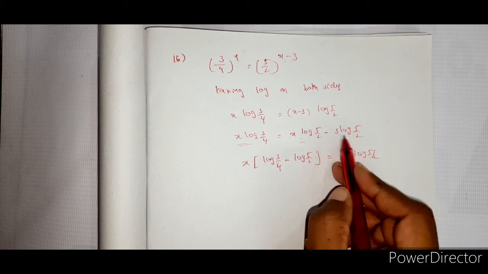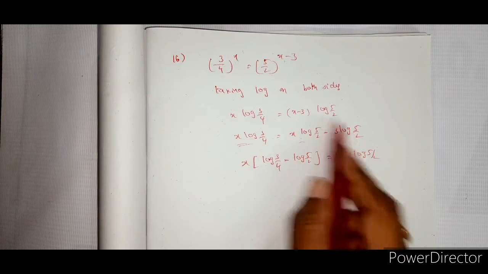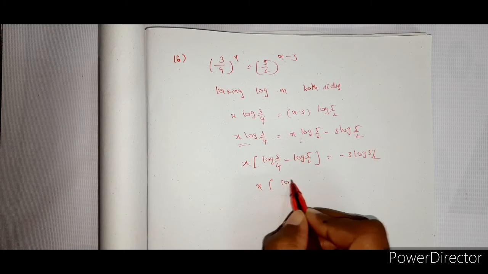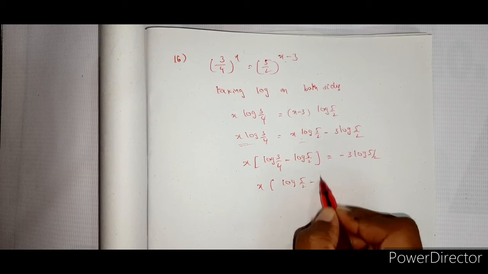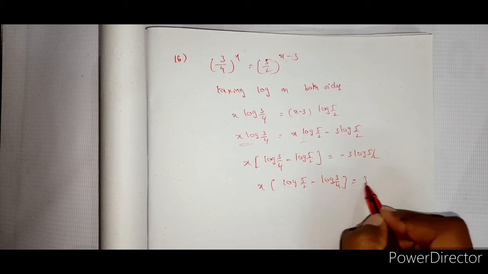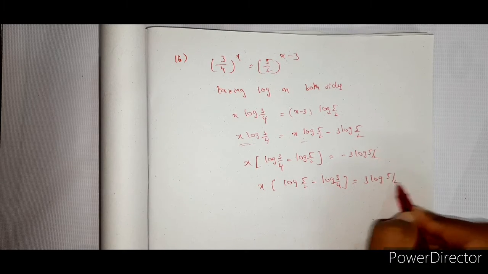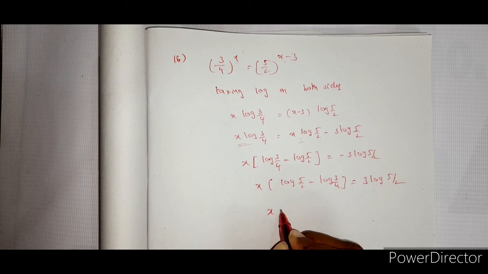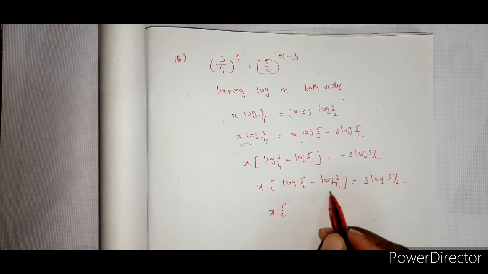Or I can take this one here and that one goes. Taking minus common on both sides, you will get x times (log 5 by 2 minus log 3 by 4) equal to 3 log (5 by 2), with the sign positive. No worries.